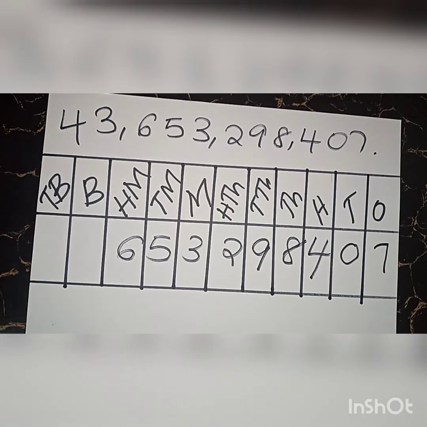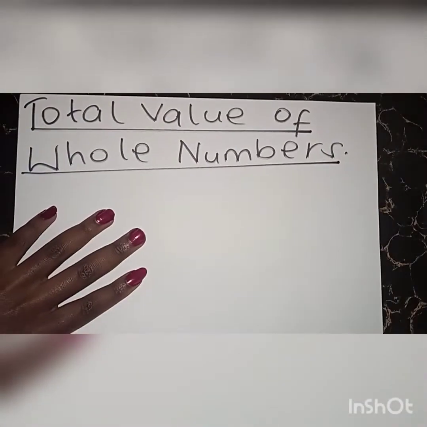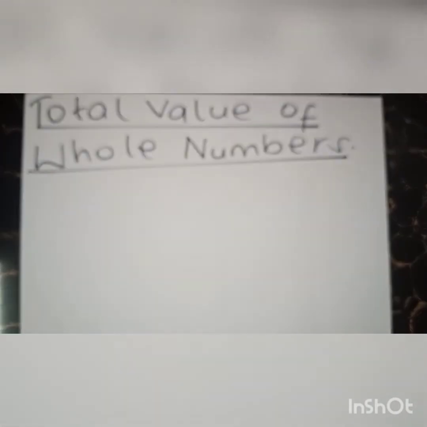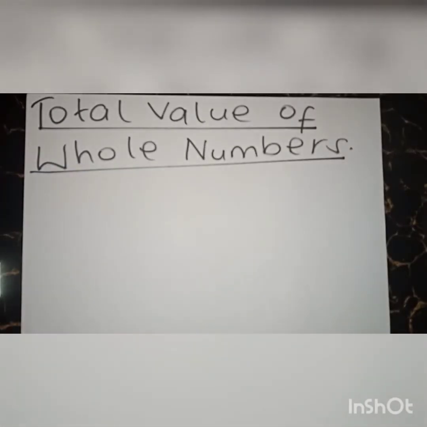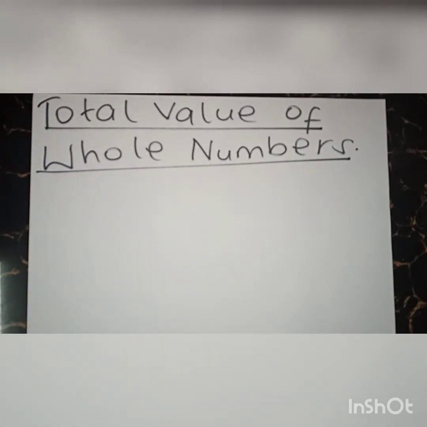So today, what do I want to talk about today? Today I want us to talk about the total value of whole numbers, okay? Another term that is used a lot in maths is something we call the total value, okay?